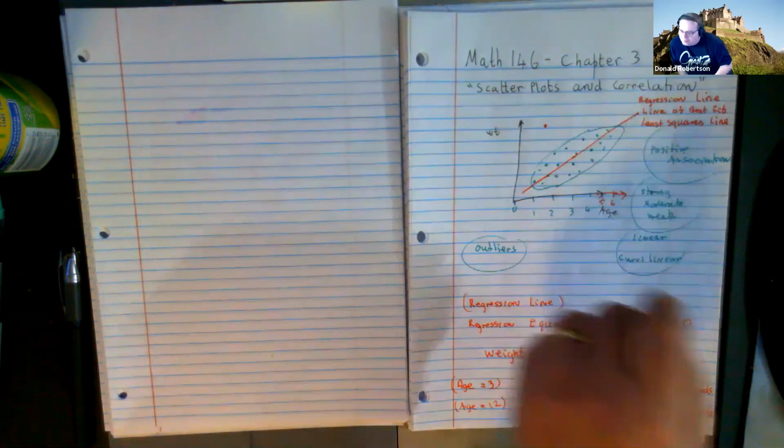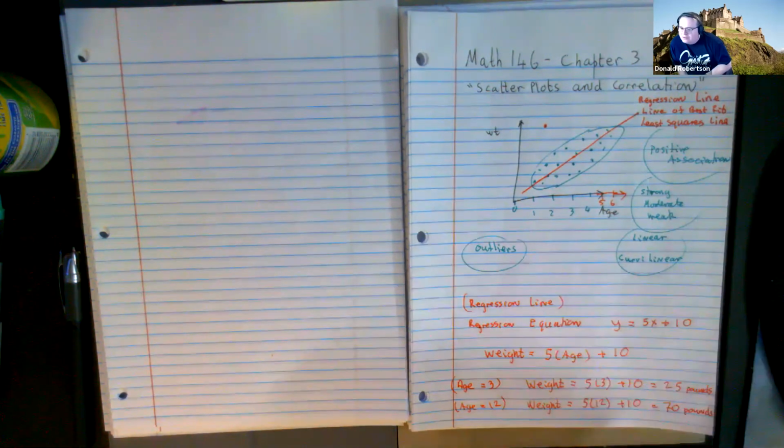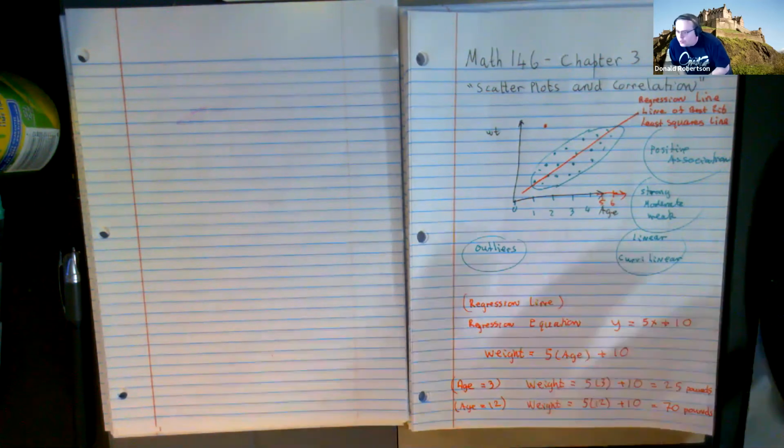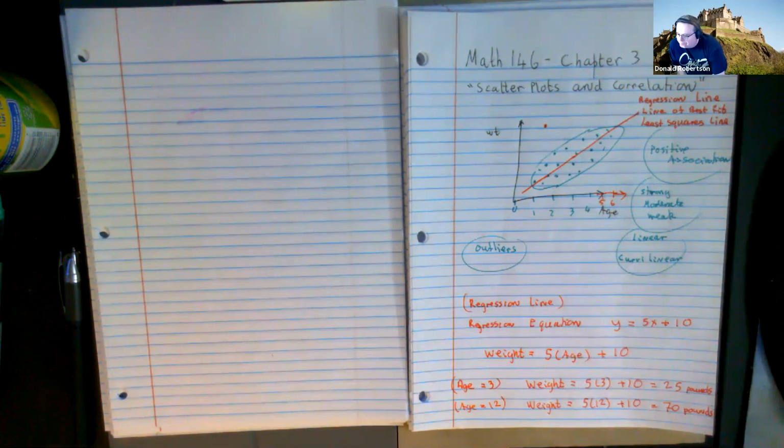So this line is really giving you the average typical weight for any given age, right? That seems reasonable. So it's not saying that every elephant is going to weigh that. They're just going to say 70 pounds is a going weight for a typical elephant who's 12 months old. Make sense? And very helpful.